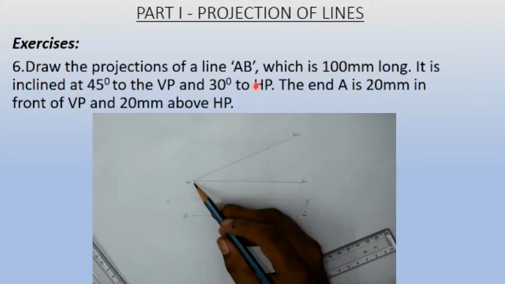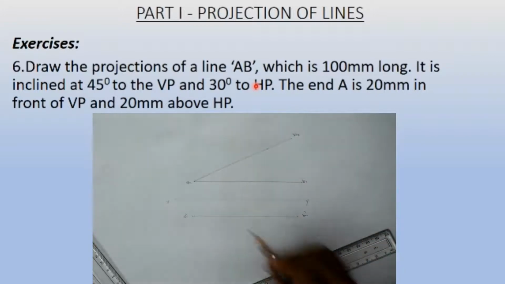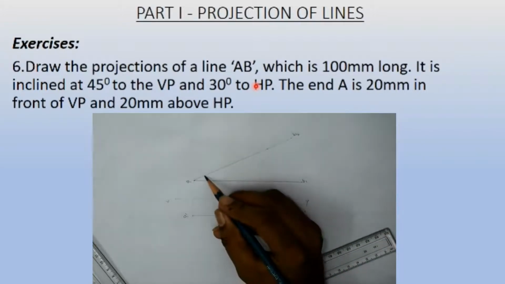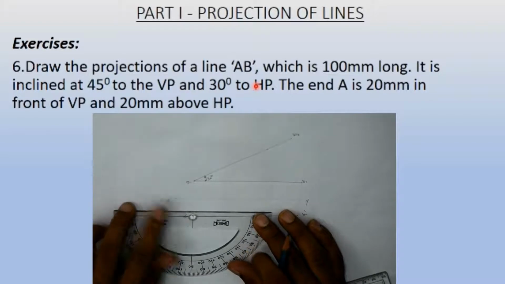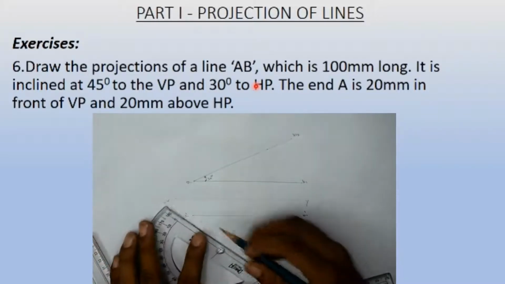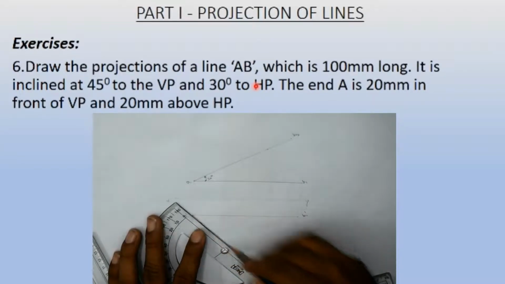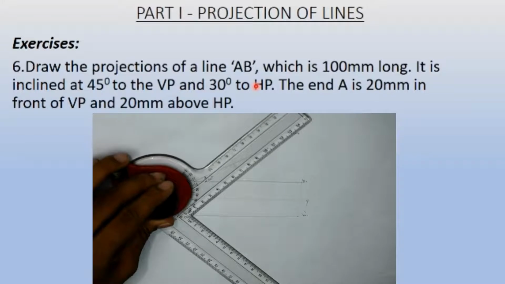Here observe that I am using 2H pencil again, but not the H pencil, because this is not the final answer. I'll tell you the reason why, and I will mention the angle 30 degree here. This is 45, because the angle with VP is given as 45 degree.